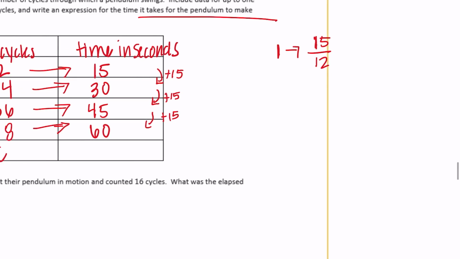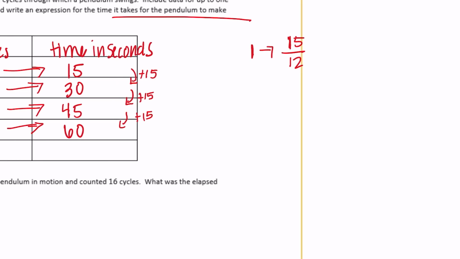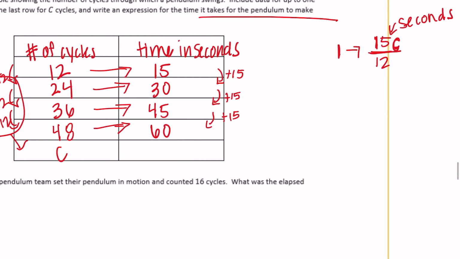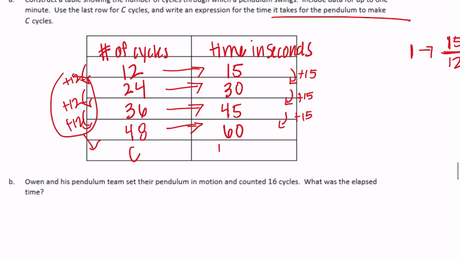Since this is the seconds, I could put the C, so if I wanted 15C divided by 12 cycles, that would tell us how much time has elapsed. So let's do 15C over 12.